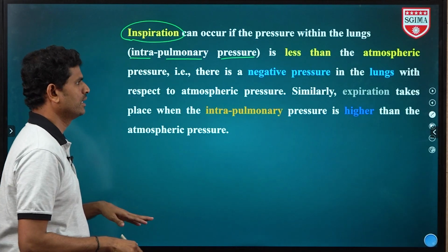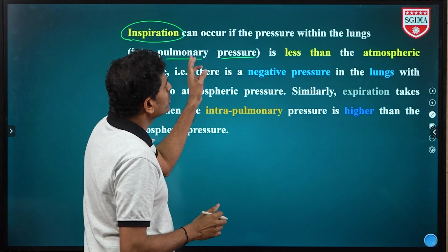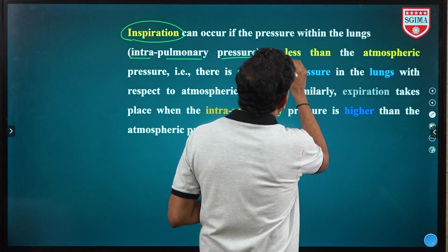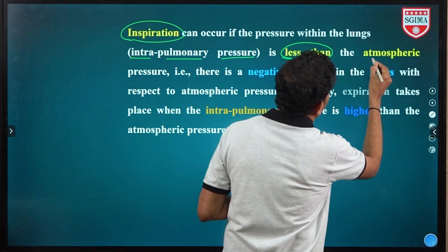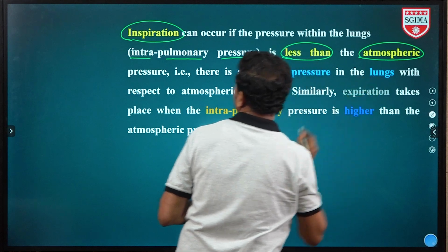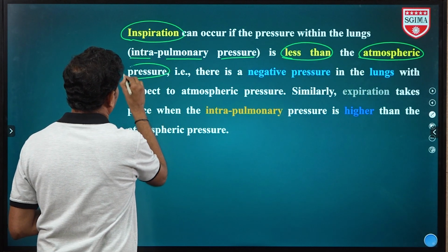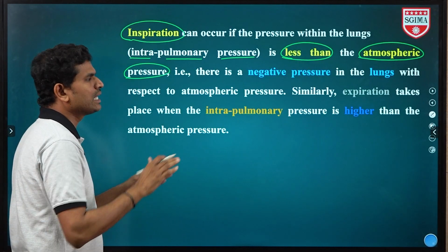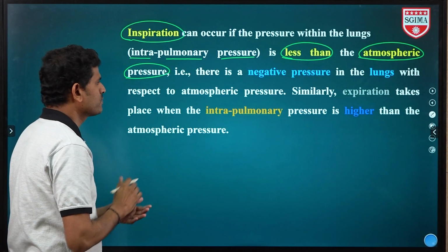Intra means within. Okay. So pressure within the lungs is less than the atmospheric pressure. Inside the lungs, pressure is less than the outside, that is atmospheric pressure.